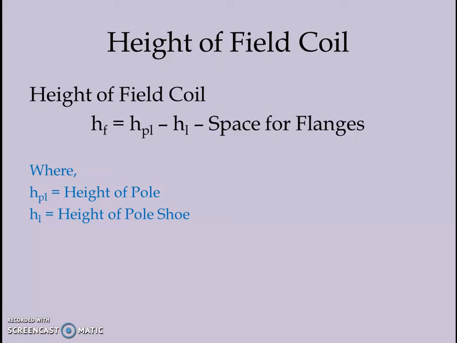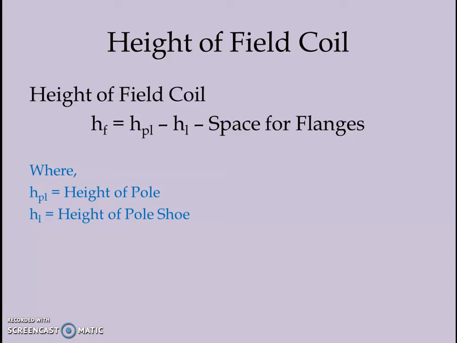If the number of turns is known, then the resistance of the field winding can be easily calculated. So this way, if we go step by step in the design, it is very easy to calculate all the required parameters of the field winding. Ultimately, at the last, we have calculated the height of the field coil.